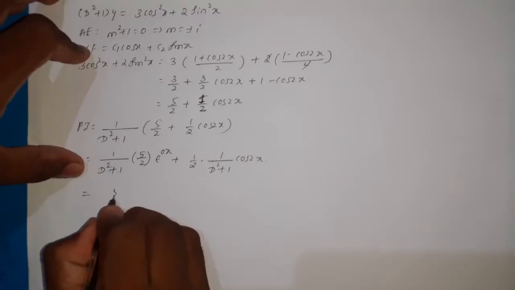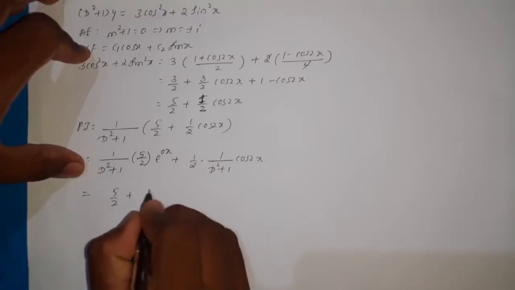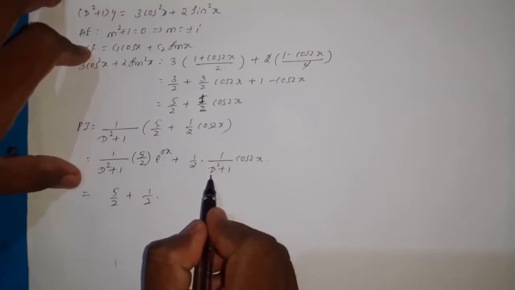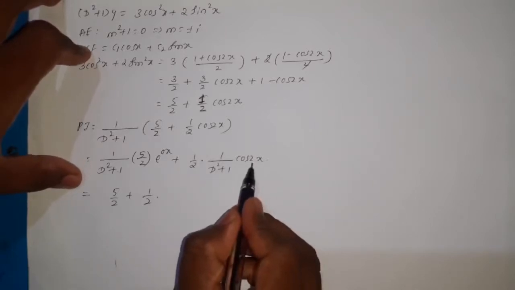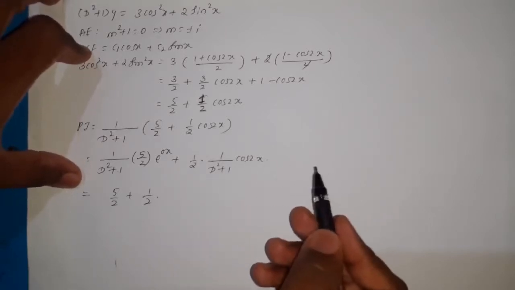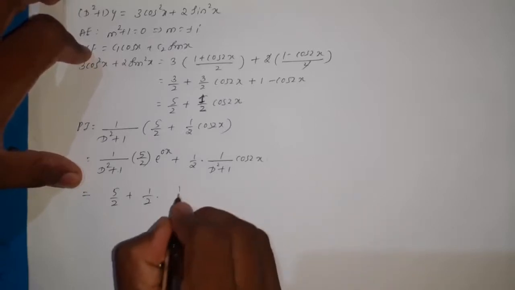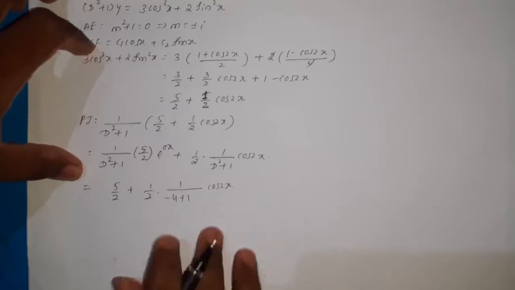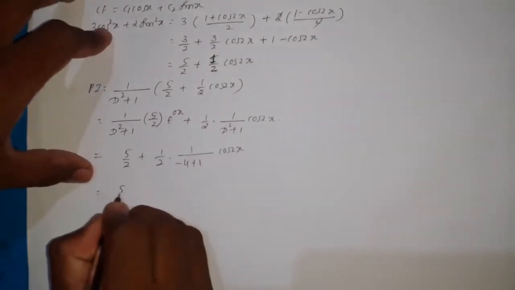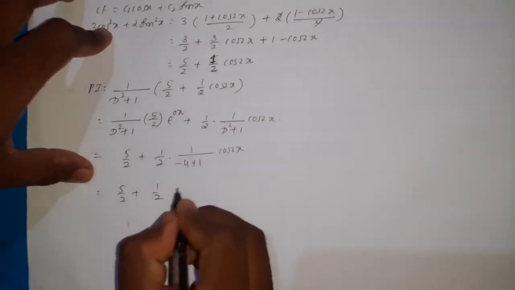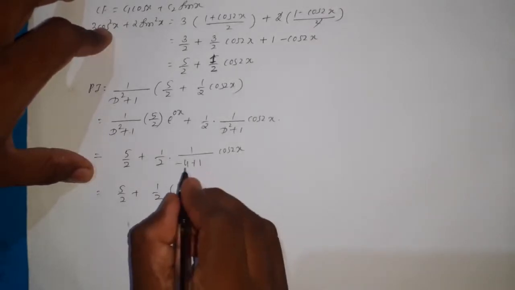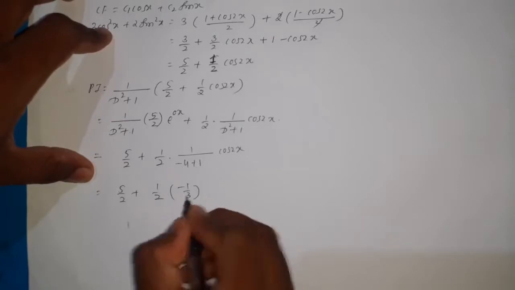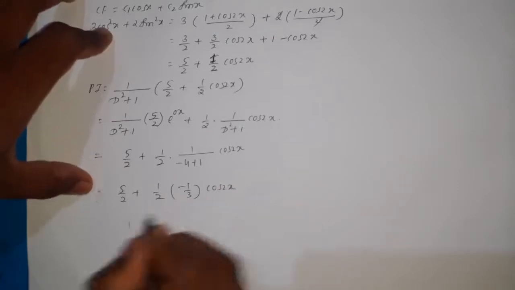So that becomes 5 by 2 only plus 1 by 2, and here d square is minus 4, because a is 2, then d square is minus a square, meaning minus 4. So 1 divided by minus 4 plus 1, cos 2x. So therefore 5 by 2 plus 1 by 2, here 1 divided by minus 4 plus 1, that is minus 1 by 3 cos 2x.